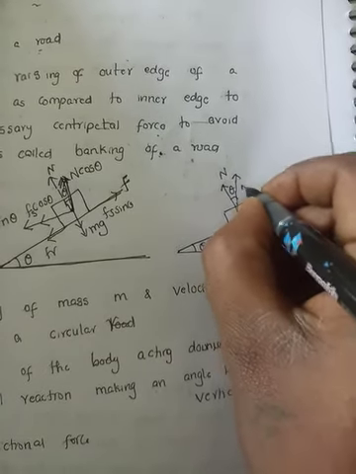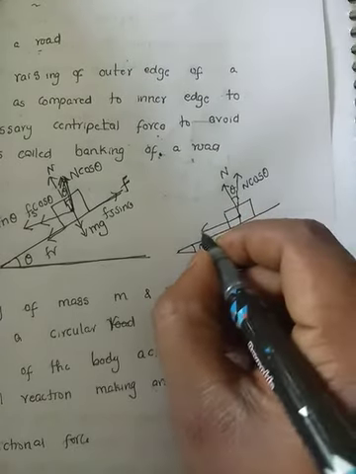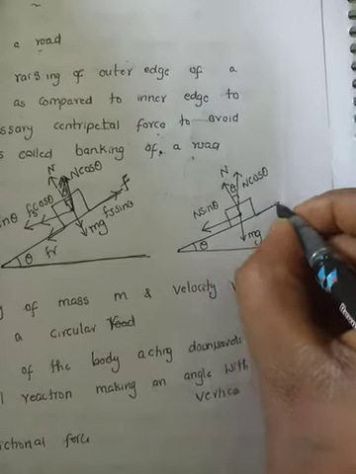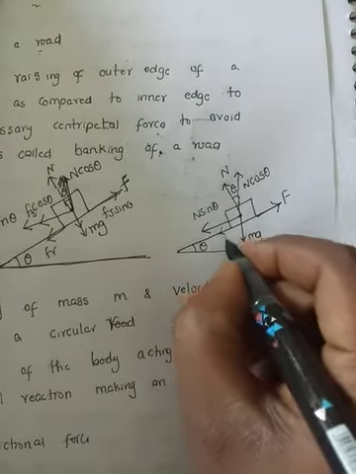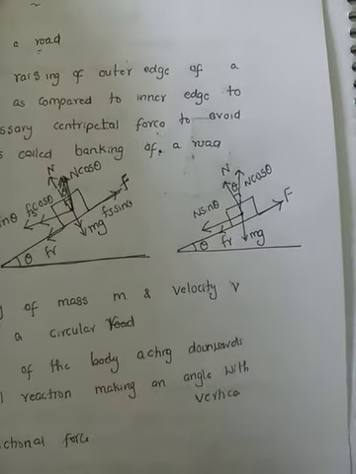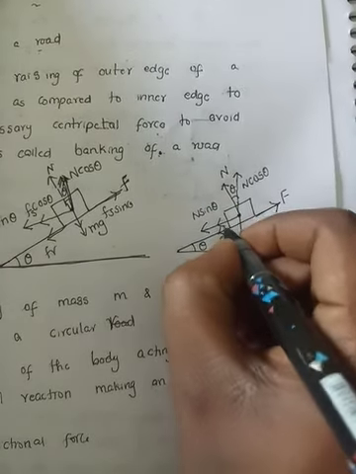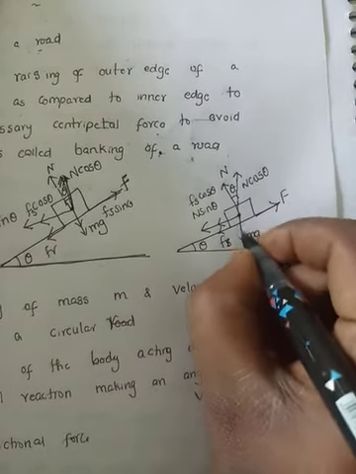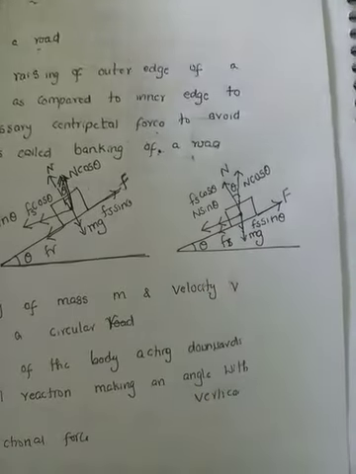What is the angle here? So this is N cos theta, and the horizontal component is N sin theta. Centripetal force acts toward the center, then the frictional force acts in this direction, that is Fs. So this is Fs cos theta and this is Fs sin theta.